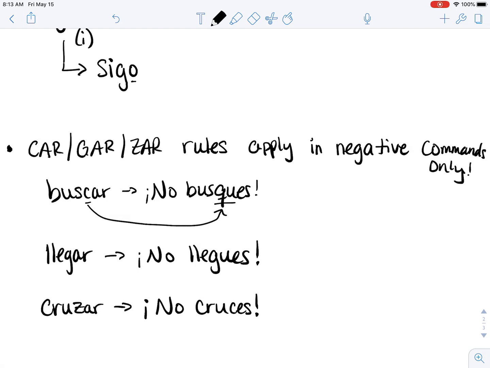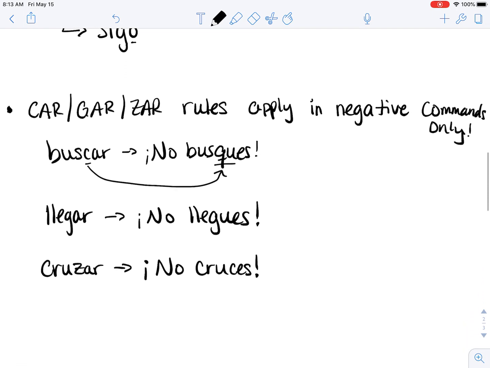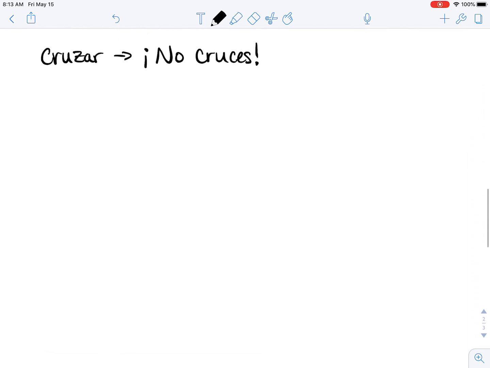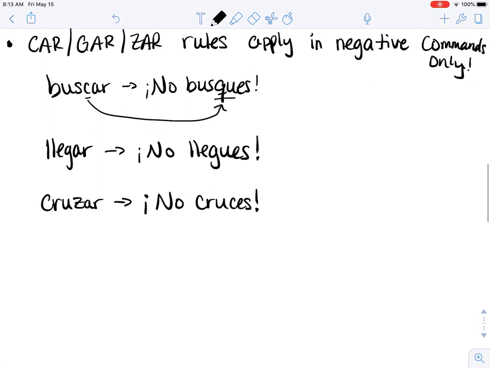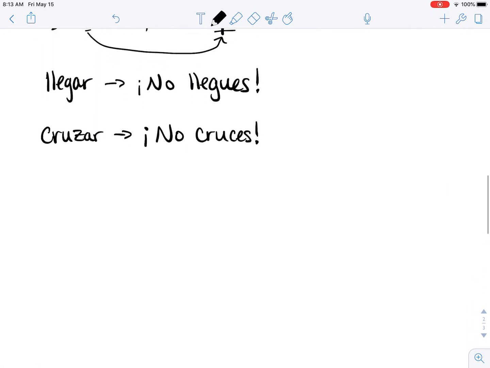So this is only for the negative tú commands. If you were doing these positively, you would just say busca, llega, cruza, just how you would make a normal tú command. Now, that's the first kind of irregularity there.